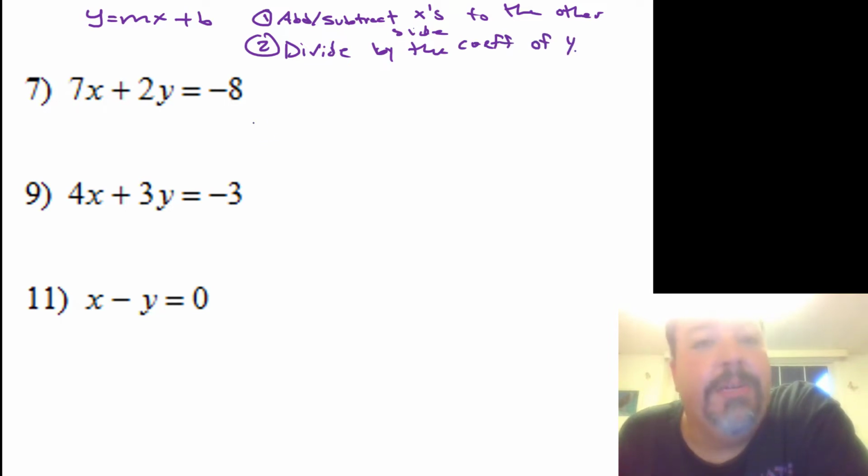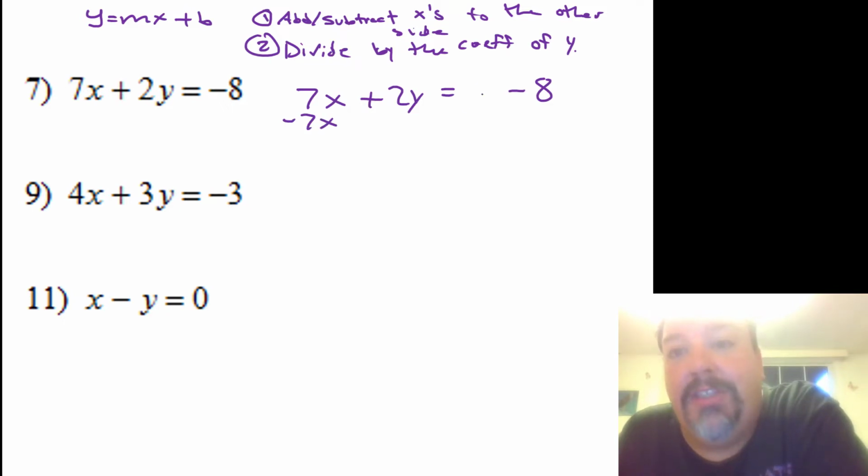All right, and this is how it's going to work. So let's say we start with 7x plus 2y equals -8. Now watch this. I'm going to subtract 7x from both sides, but I left a little space here, okay, on the right side, so that when I put the -7x here, I'm going to put it out in front.